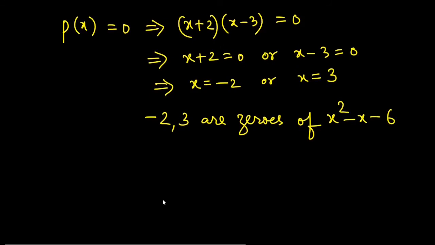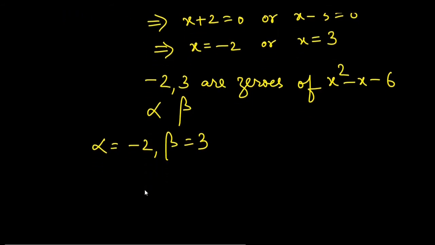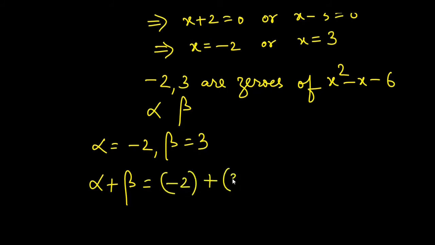Now let us see. The zeros are alpha and beta. So alpha is equal to minus 2. We can take it either way also. We can consider minus 2 as beta and 3 as alpha also. Now what is alpha plus beta? Sum of the zeros, alpha plus beta, is equal to minus 2 plus 3.